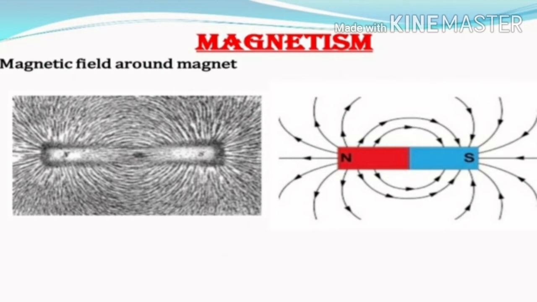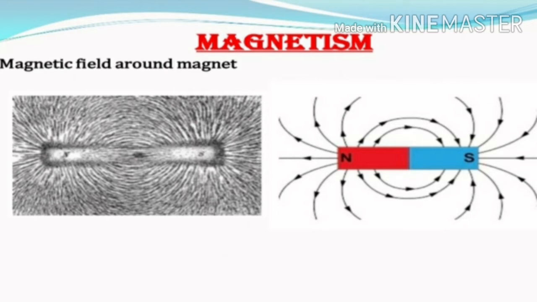Magnetic field lines have various properties. First, the magnetic field lines never intersect each other. Second, they take the least resistance path between the opposite magnetic poles. Third, the length of magnetic field lines will be the same.